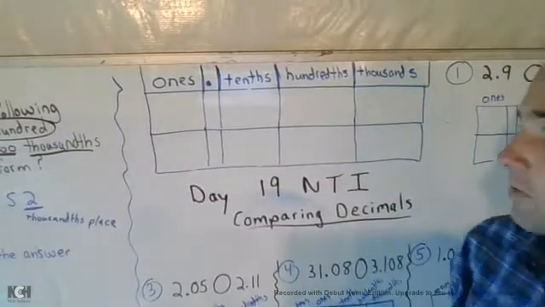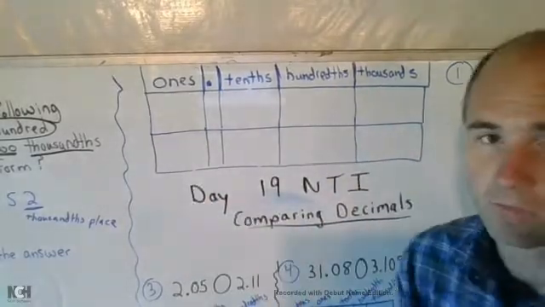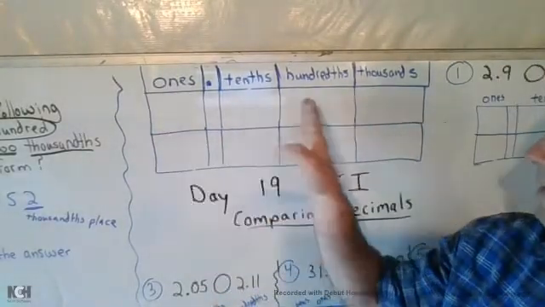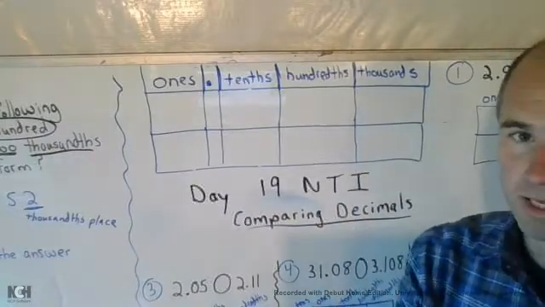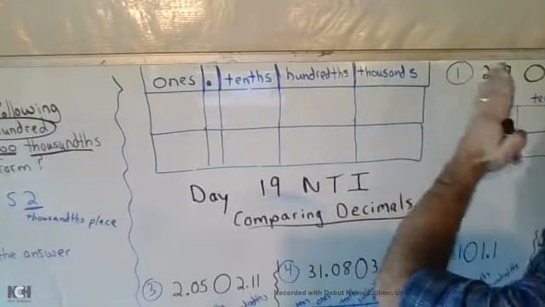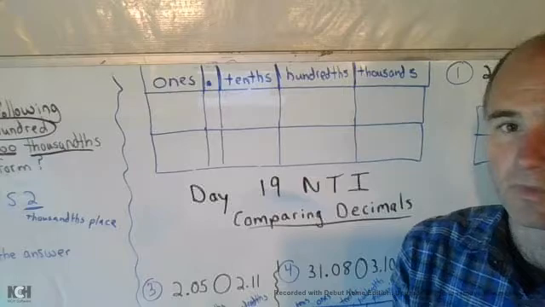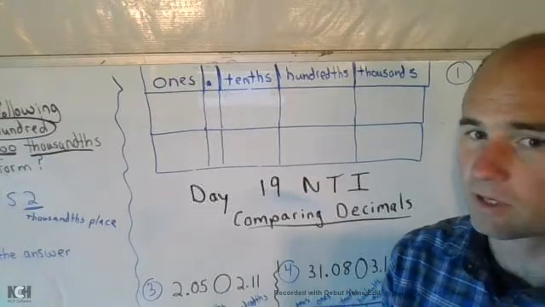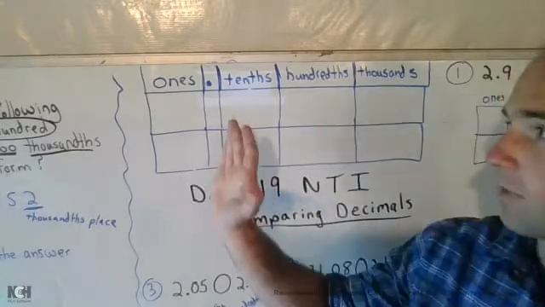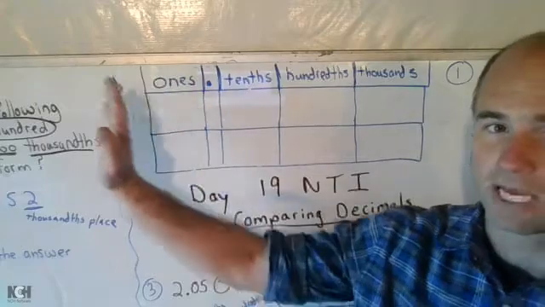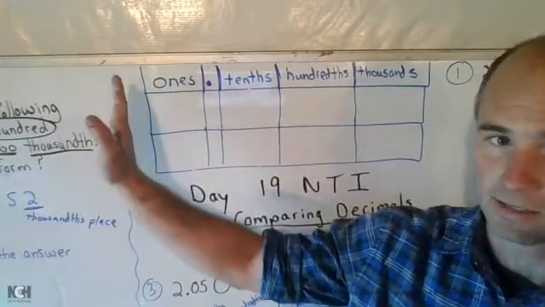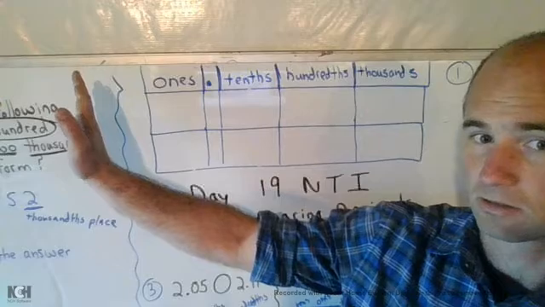All right. So here is a chart. It only has ones, tenths, hundredths, and thousandths. In 5th grade, you don't have to go past thousandths. I don't know about that when it comes to 6th grade, though. But we will obviously go past the ones place, into the tens, maybe even to the hundredths.